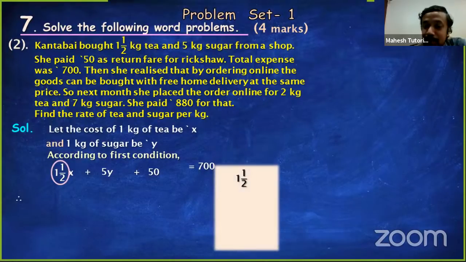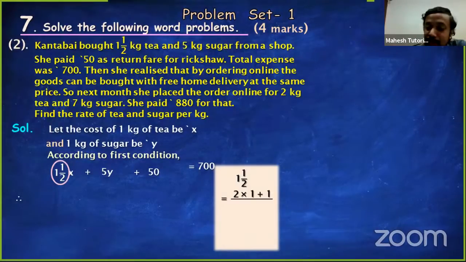1.5. Now students, this is a mixed fraction. And we are very well aware of how we go about solving the mixed fraction. The denominator 2 will get multiplied by 1. So 2 into 1, and this will get added to the numerator, that is plus 1. So 2 ones are 2 plus 1 upon the denominator will remain as it is, that is 2.